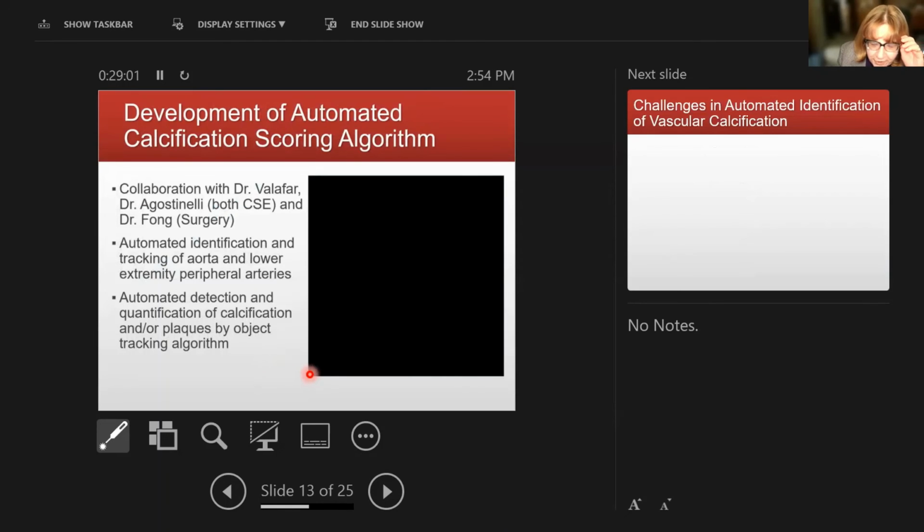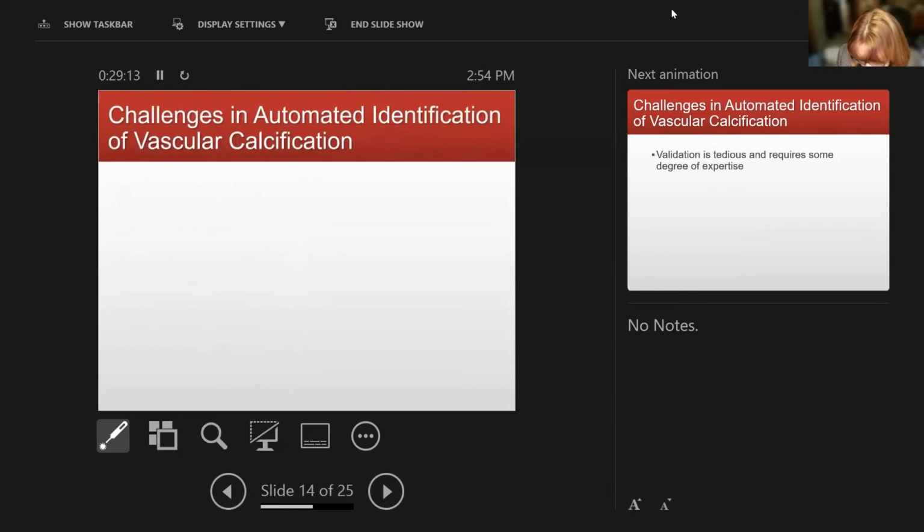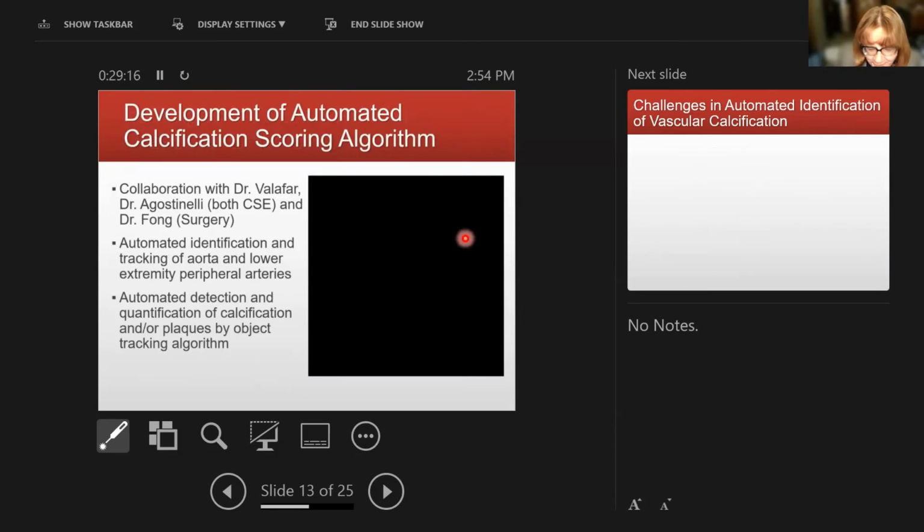Then our initial approach to calcification scoring was, all right, let me see if this movie will work. Well, I may not have my CT movie here. It doesn't seem to be playing. Try turning off the laser pointer. That might work.